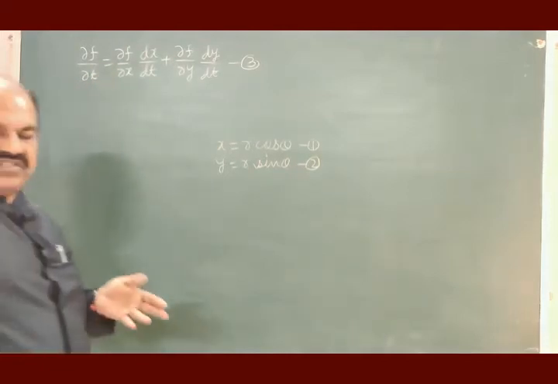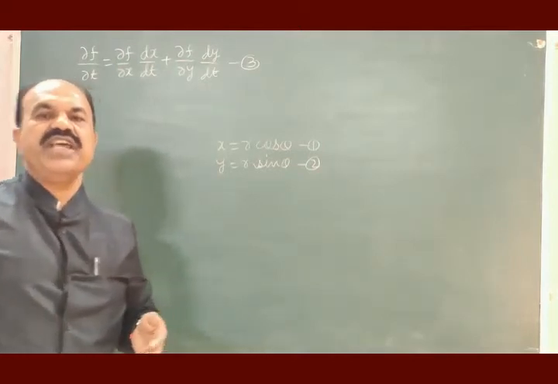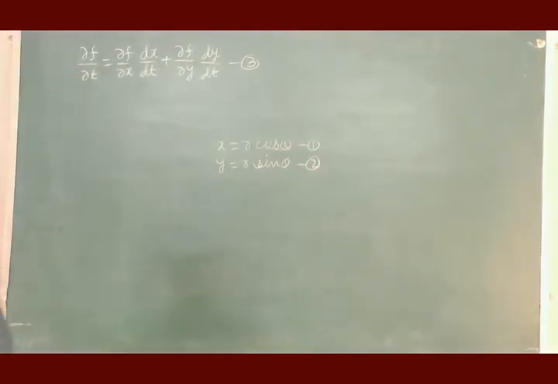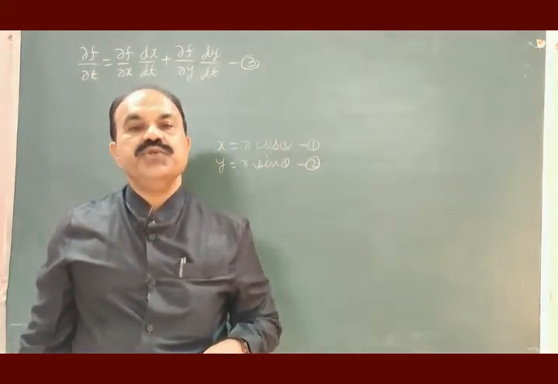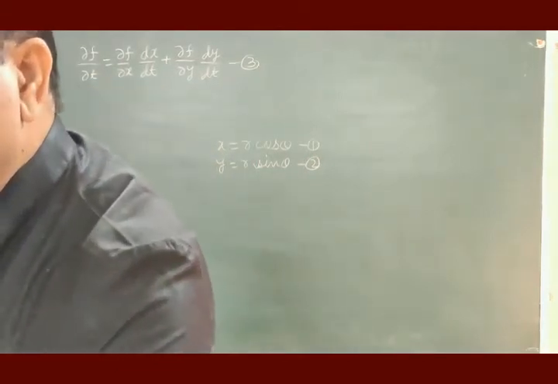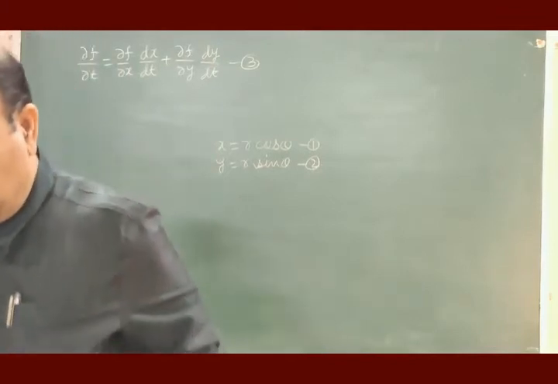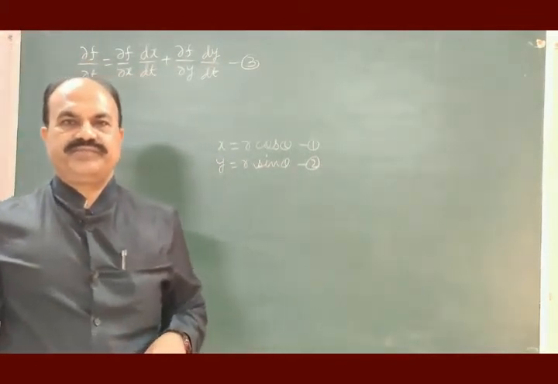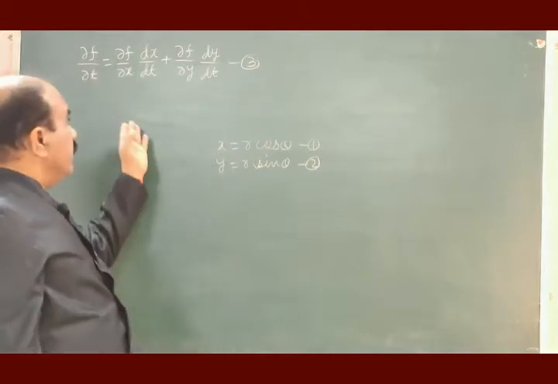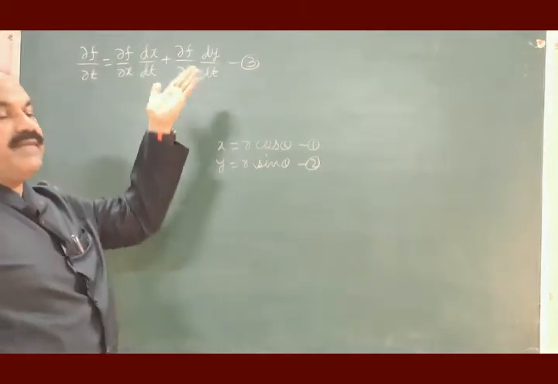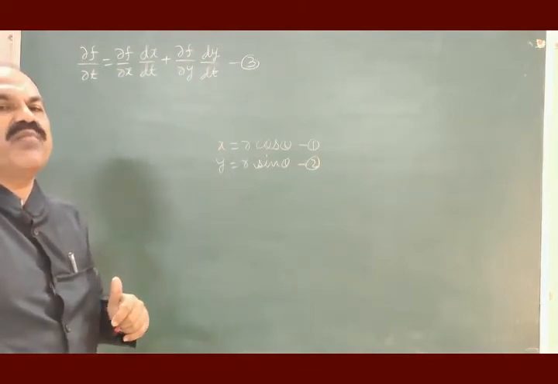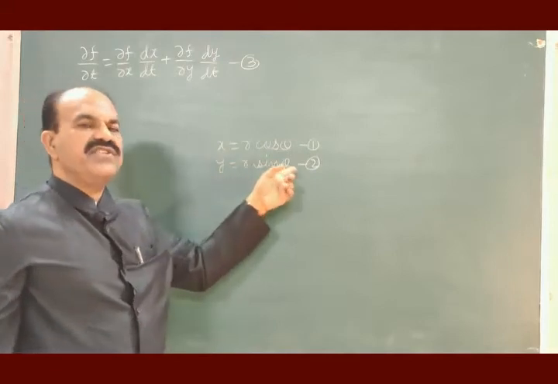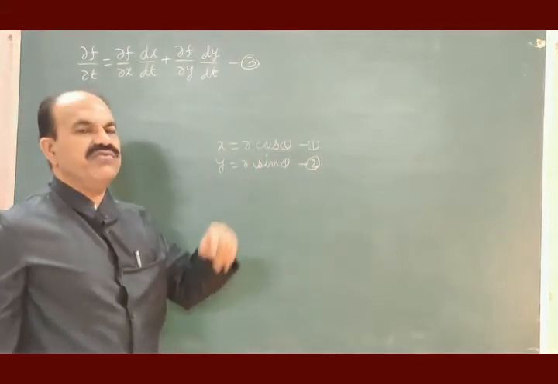What is this equation? It is the equation of chain rule. And for what purpose chain rule is used? You know it. Chain rule is used to get total differentiation of a composite function. Okay. This is a simple composite function. We may have complicated composite function giving x is equal to r cos theta, y is equal to r sin theta.